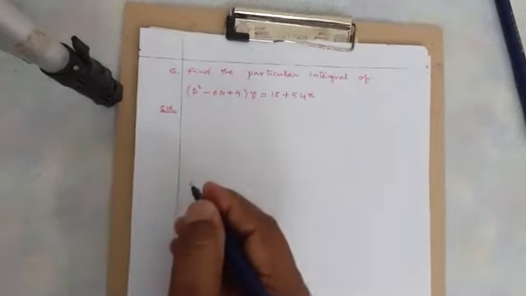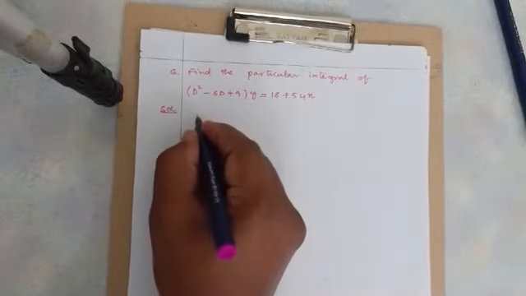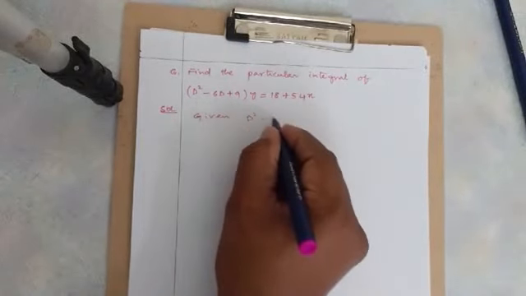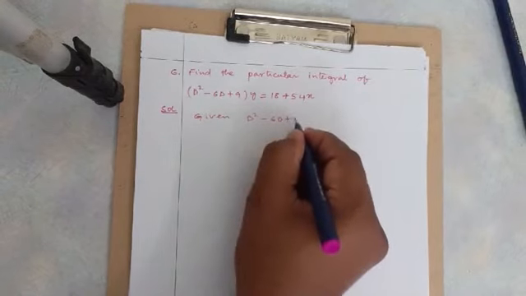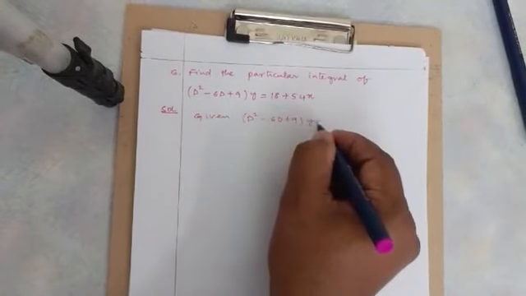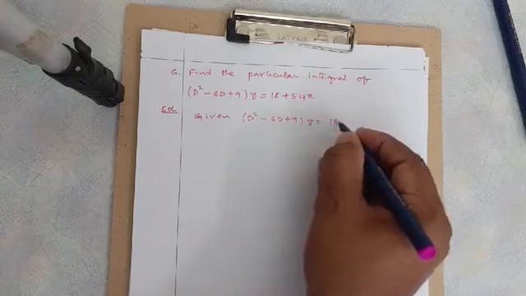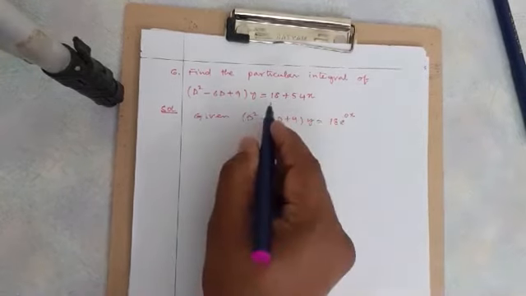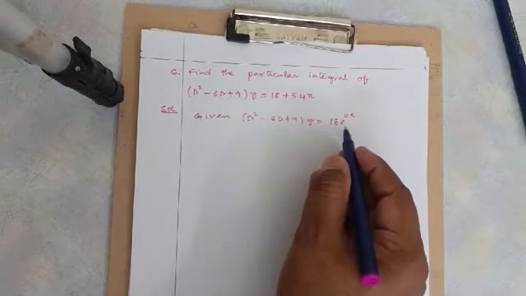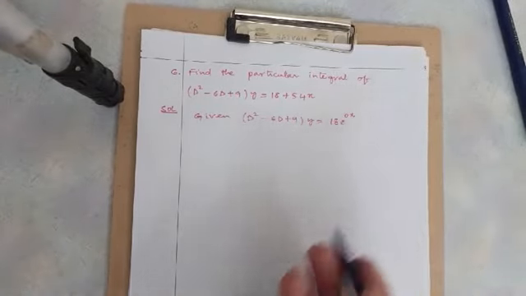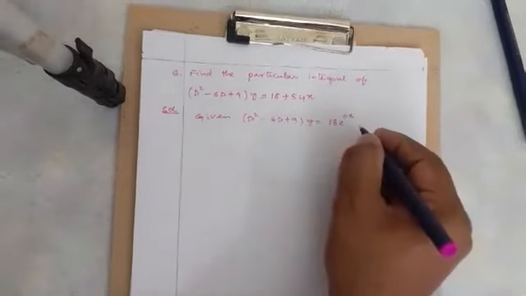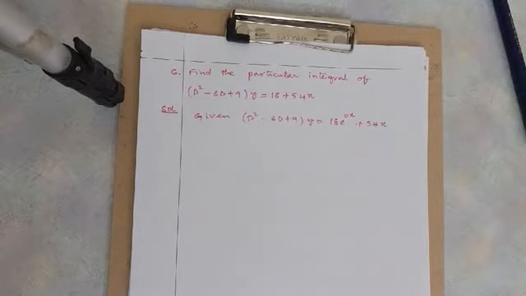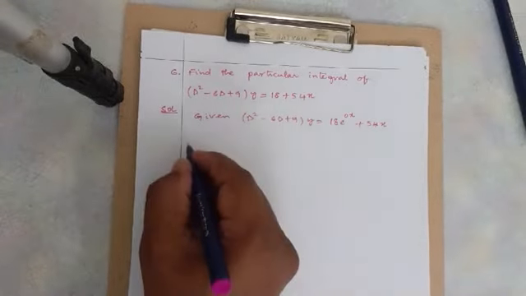So let us do this problem so that you can understand. First I write given: (d square minus 6d plus 9) of y is equal to 18 e power 0x, writing e power 0x directly because e power 0 into x is e power 0, and e power 0 is 1, then plus 54x. After that we write the particular yp.